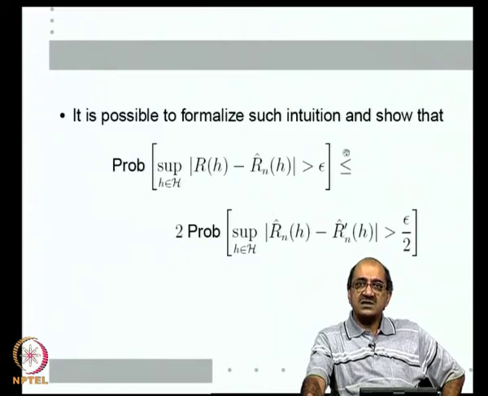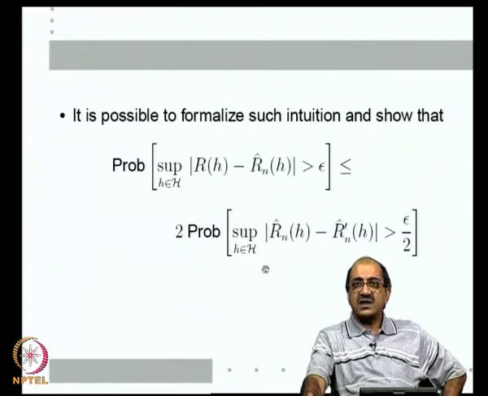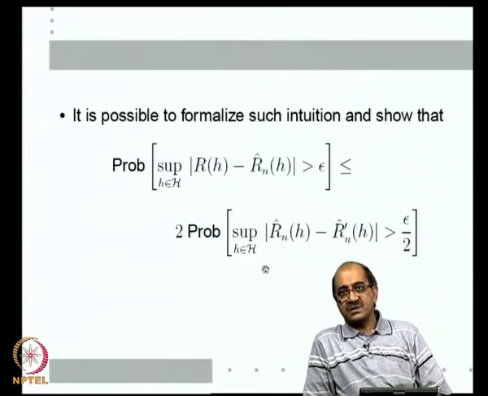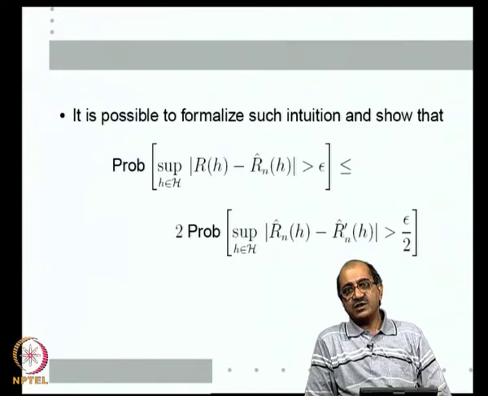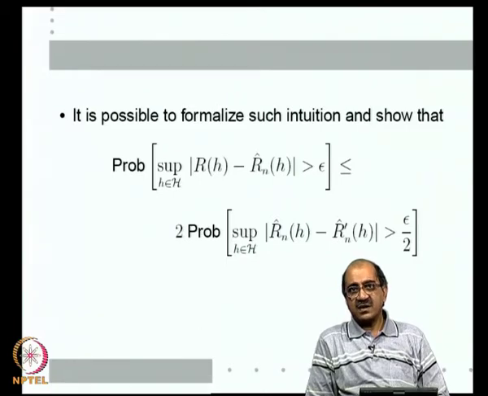Using this symmetrization argument, this supremum, which I do not know how to bound, is being converted into a probability over another supremum, which can be taken over only finitely many samples, because r hat n(h) and r hat prime n(h) are both calculated from 2n samples. So, if I take any h1, h2 which take the same values on the 2n samples, then both r hat n(h) and r hat prime n(h) will be the same.